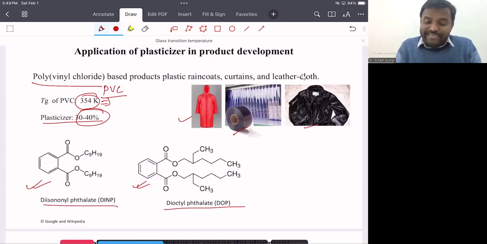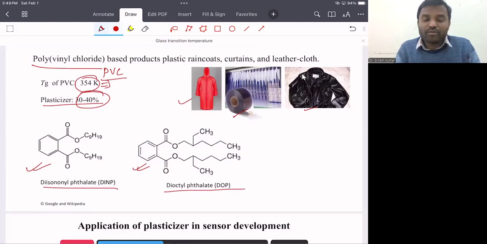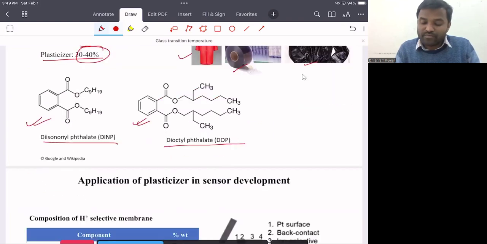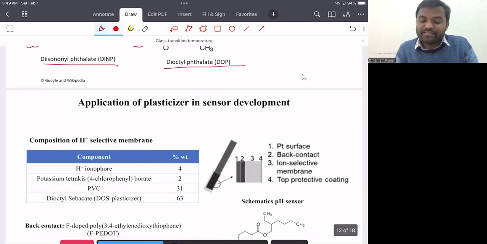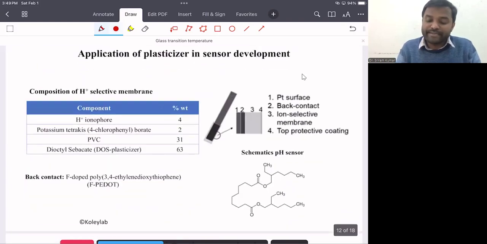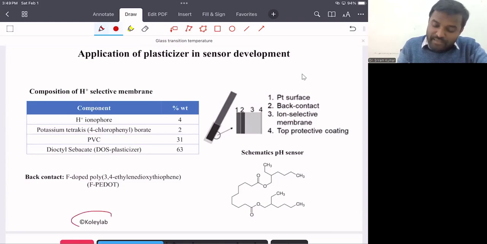Now let's understand what if we want to make a sensor based on the polymeric material. How will we use plasticizer in sensor development? In the college lab, I developed a PS sensor of the size of 150 micrometer. For that, we use this kind of composition of the material.